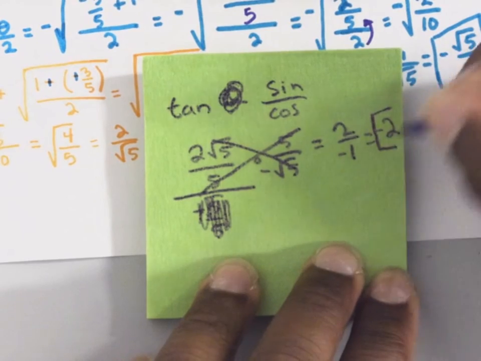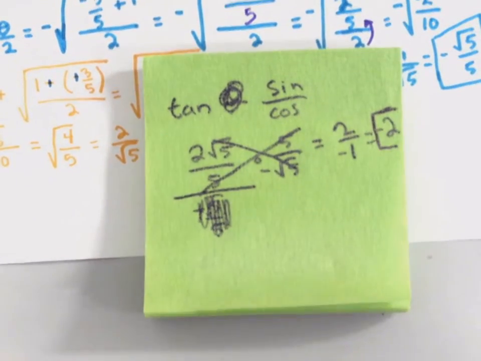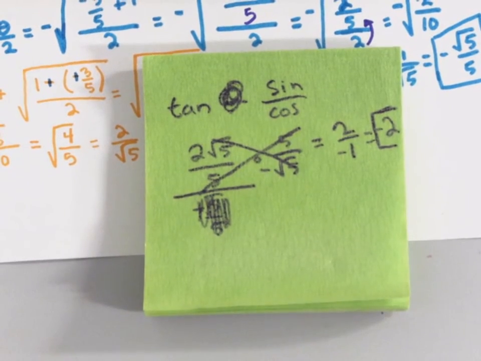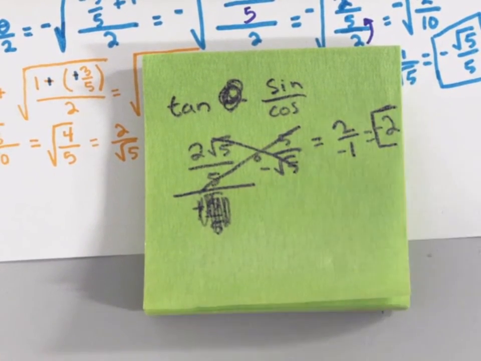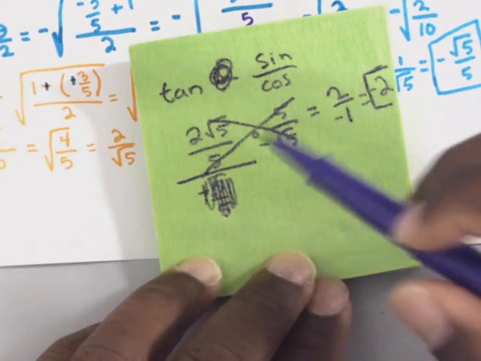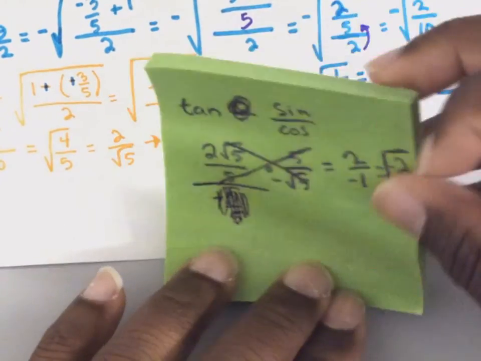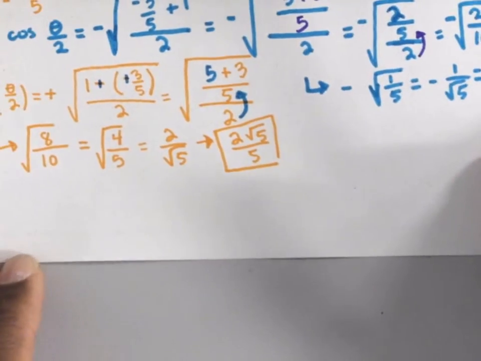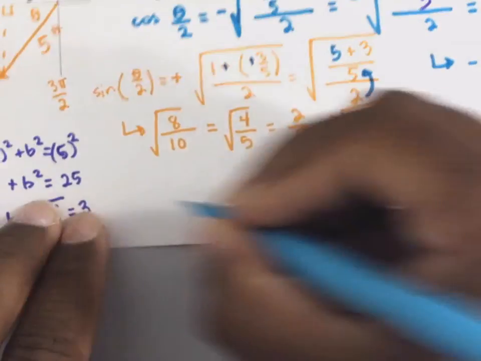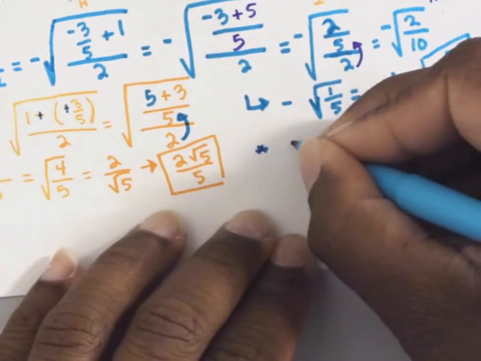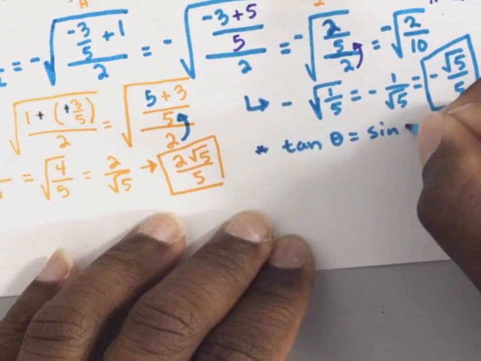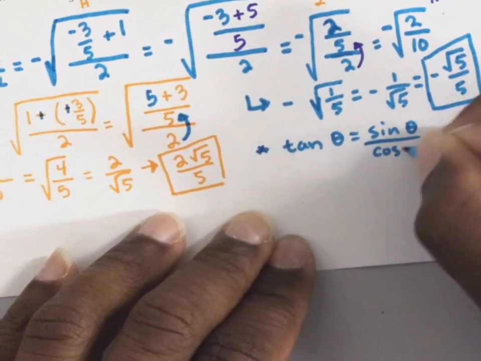If you want to stop there, each time you will have to find cosine and sine individually, and then you can do this. You won't always have cosine and sine to find, so you might just use the formula. We'll use the formula, but this works. If you got space, or even on the back, you might make a little note: tangent equals sine over cosine.